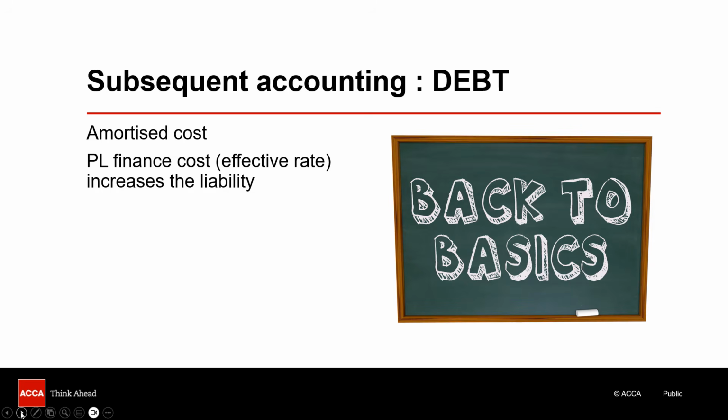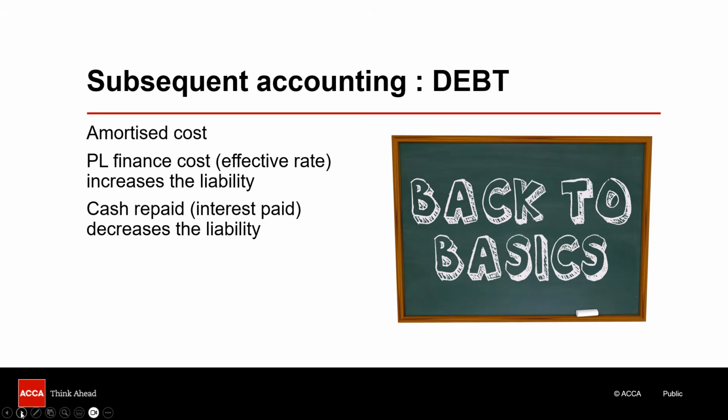And when you pay money back to the person who lent it to you, when you repay cash, when you pay the interest, the liability goes down. You credit your bank, money goes down, that asset goes down, but you're debiting the liability, so the liability goes down as well.